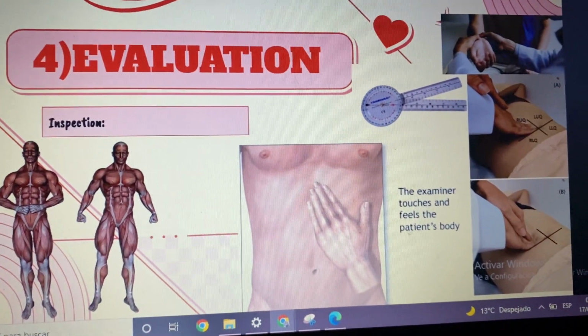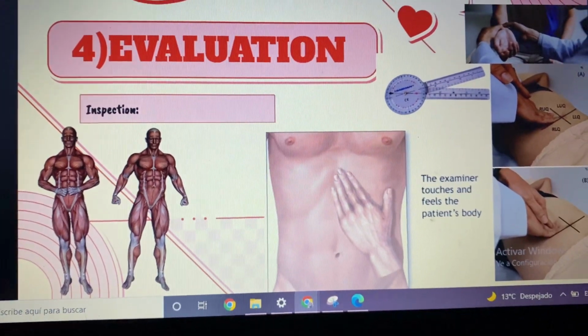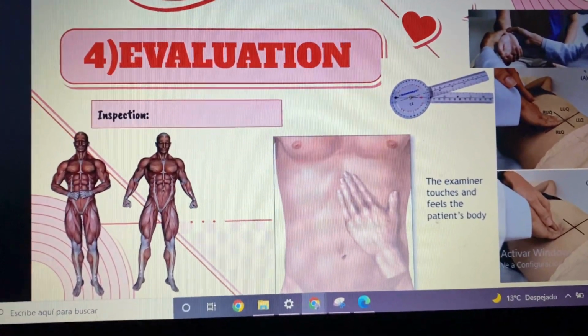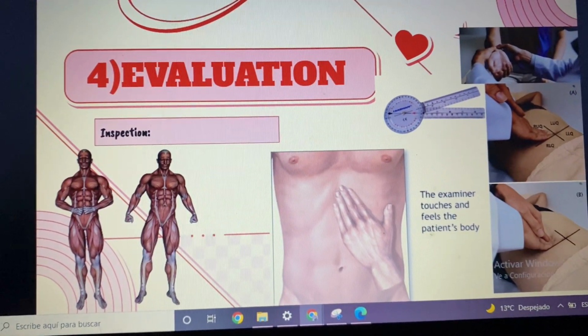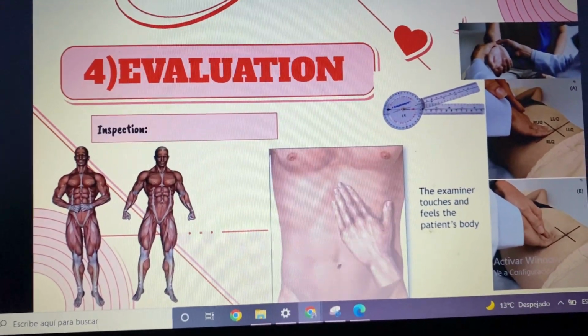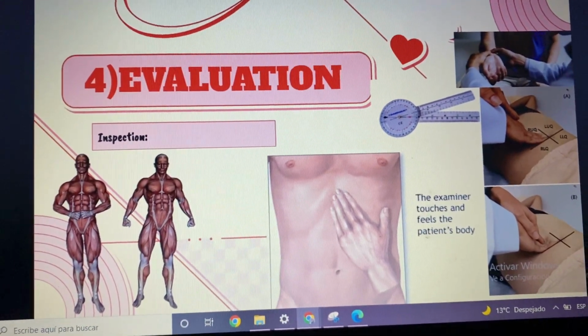So we are going to continue with evaluation. Evaluation, point number 4, perform a structural analysis. Here the muscles, joints, and tendons are evaluated, and within this point is the inspection.